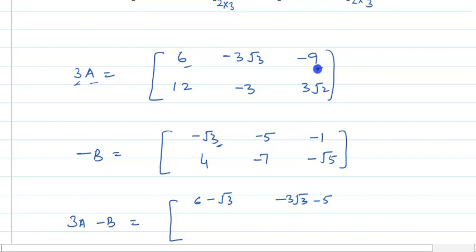Next by adding these two we are getting minus 10. Then by adding these two we are getting 16. Then by adding these two we are getting minus 10, and then we are getting 3 root 2 minus root 5. So this is how to calculate 3A minus B.